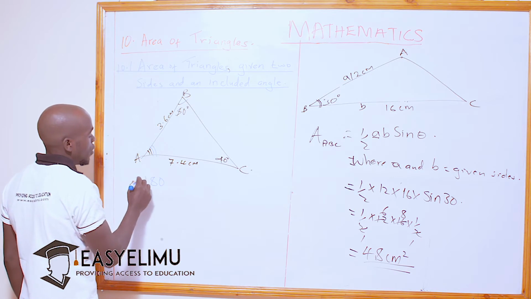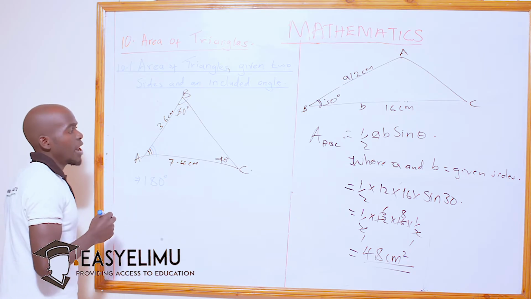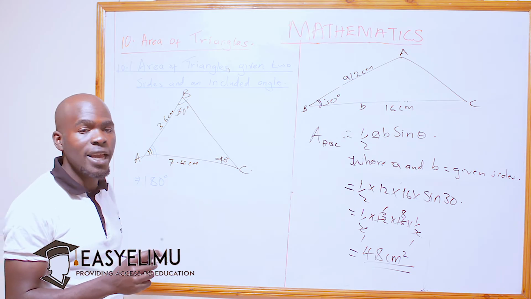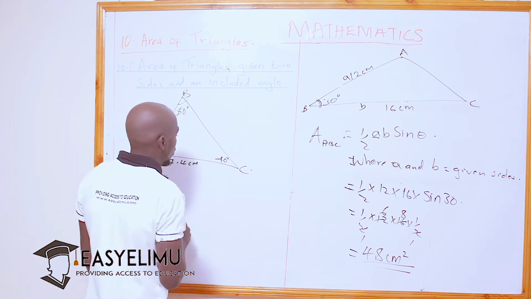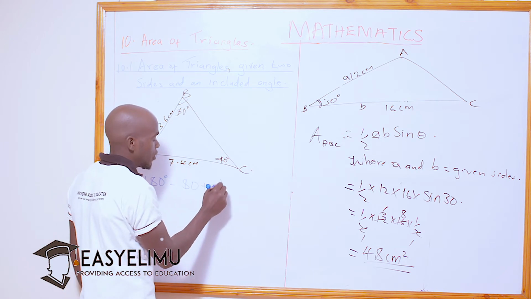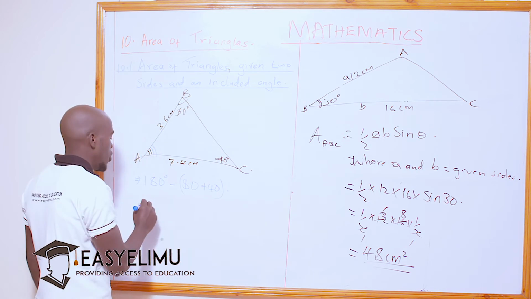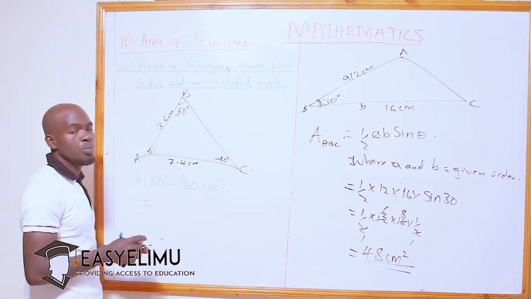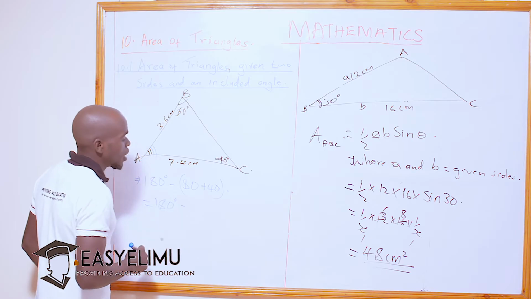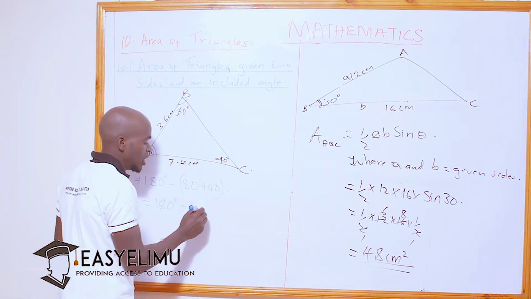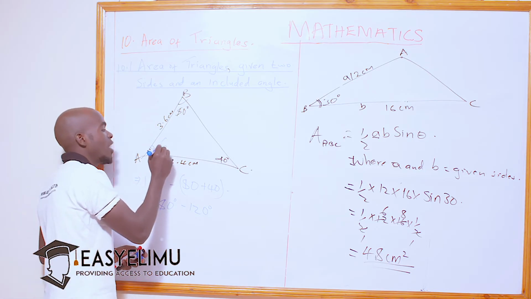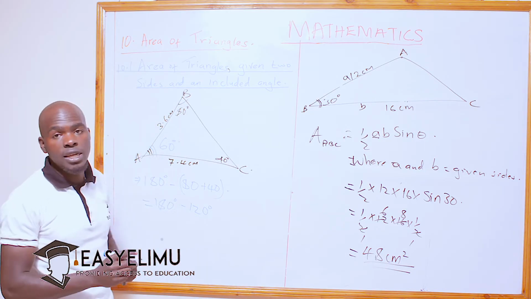Since the degrees in a triangle must sum up to 180 degrees, we shall subtract the ones which are given here. On doing that, you are going to find that the missing angle is 180 degrees subtract 120 degrees, which is 60 degrees.